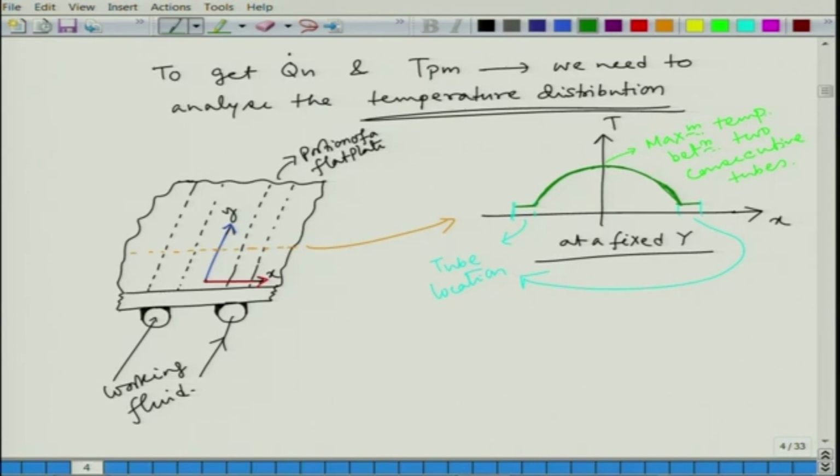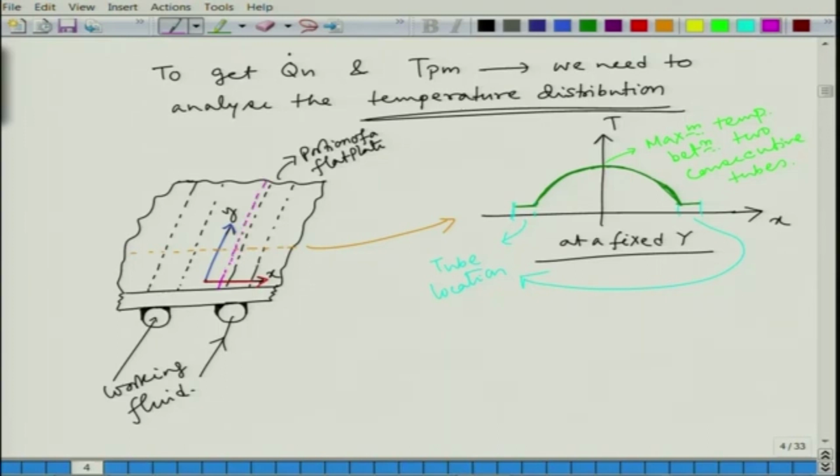Now, let us look at another section where we are looking at a fixed x.